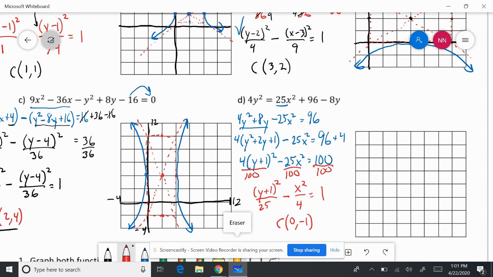Now, I know the square root of 25 is 5. That's pretty large, so what I'm going to do is go by 2's again. So 2, 4, 6, 8, and 2, 4, 6, 8.